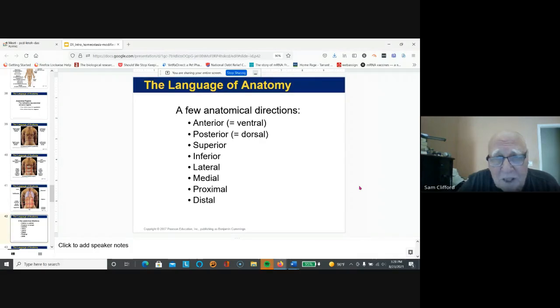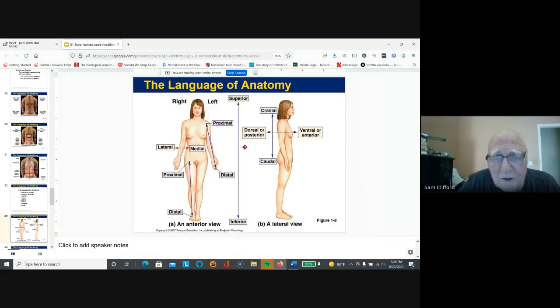Okay, so what are the anatomical directions? Up is superior, down is inferior, away from the midline is distal, close to the midline is proximal, the side is lateral, the medial is the area of the epigastric, and so on, hypogastric.